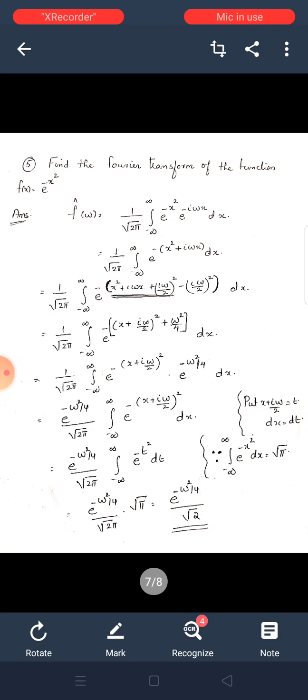And we have a standard result, integral of e raised to minus x square dx, which is equal to root pi. So therefore it becomes e raised to minus omega square by 4 divided by root of 2 pi into root of pi. So when root pi cancels, it becomes e raised to minus omega square by 4 divided by root 2.